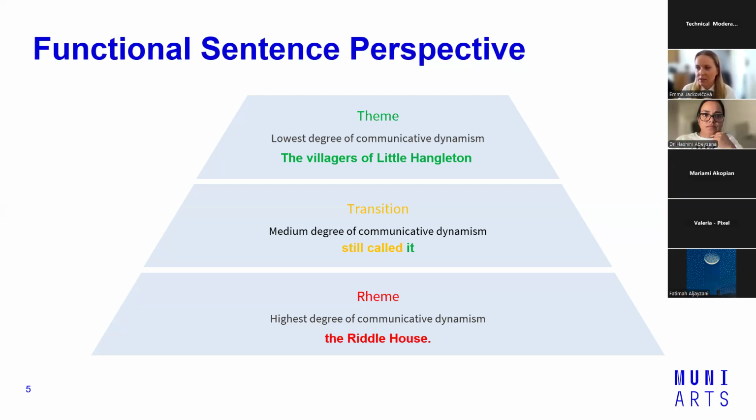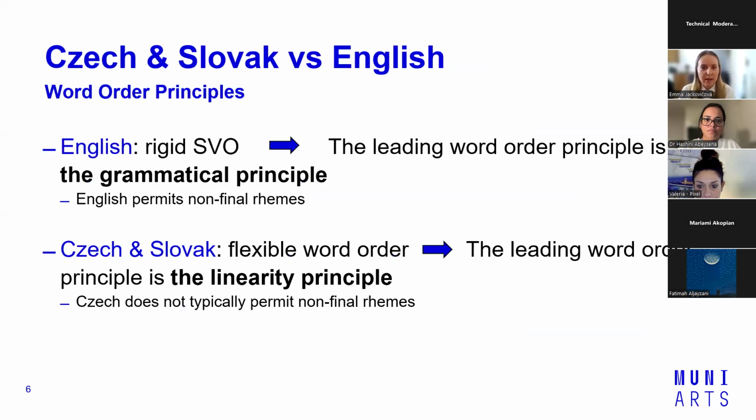Still called is transition, which has a medium degree of CD, and the Riddle House, which moves the communication forward, which is the newest information, has the highest degree of CD. So this illustrates how English can segment sentences in terms of communicative focus.